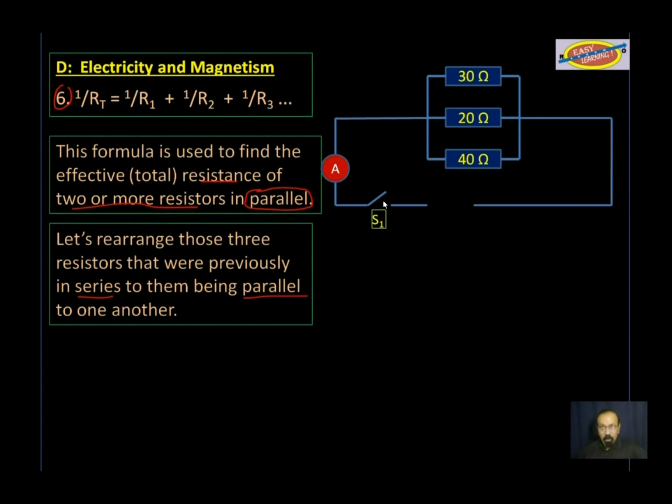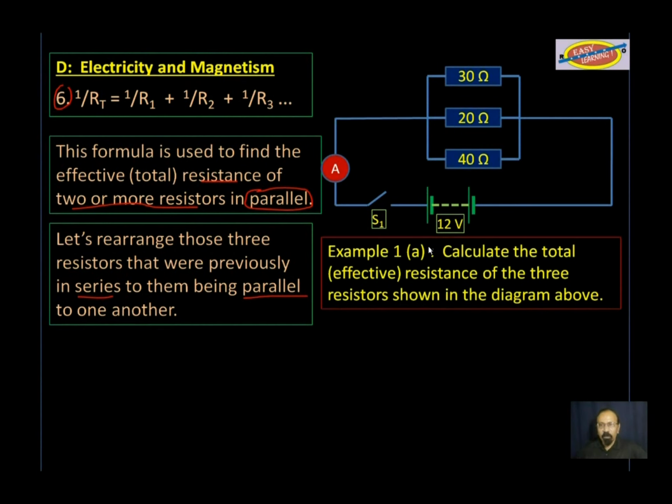Put in the rest of the circuit, including the battery. Now, part A, calculate the total effective resistance of the three resistors shown in the diagram above. Now, if these were in series, we will just simply add them up, but they are in parallel. So we have to use this formula here.